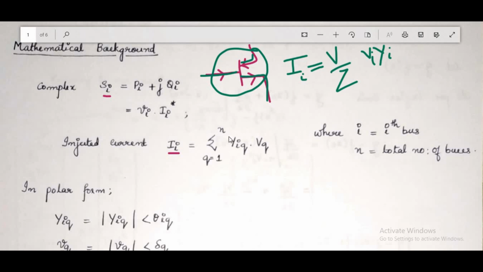Keeping this into consideration, I can write the injected current is the sum of all the currents to that particular bus, that is q is equal to 1 to N, where N represents the total number of buses in the system. So that's it. i means the ith bus and N represents the total number of buses in the system.